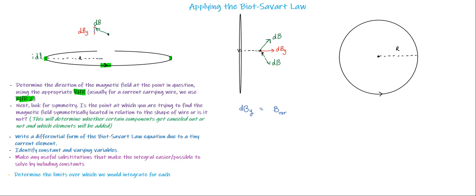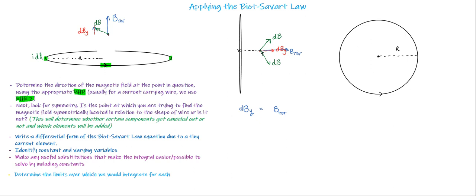And if you think about all these vertical components adding up, we'll get a net direction of the total magnetic field pointing straight up in this case, or straight over in this case, or straight out of the screen in this case. So you can see that there are a lot of different components here that we need to take into account as we set this up.